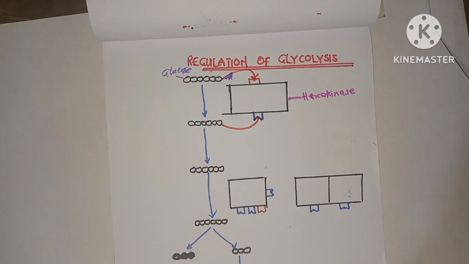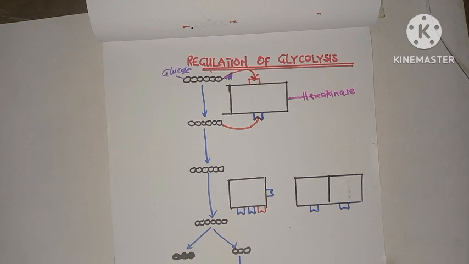So this is what we call the allosteric regulation. When there is a lot of glucose, glucose stimulates hexokinase to convert the glucose to glucose 6 phosphate. And when there is a lot of glucose 6 phosphate, it will also inhibit hexokinase from converting those glucose to glucose 6 phosphate.